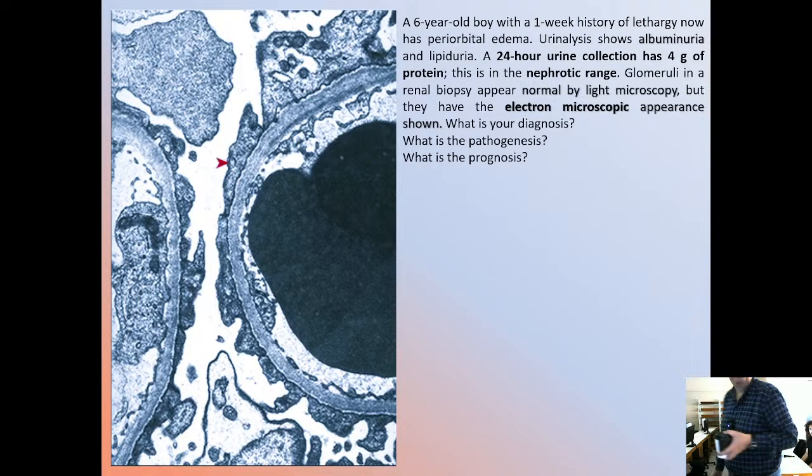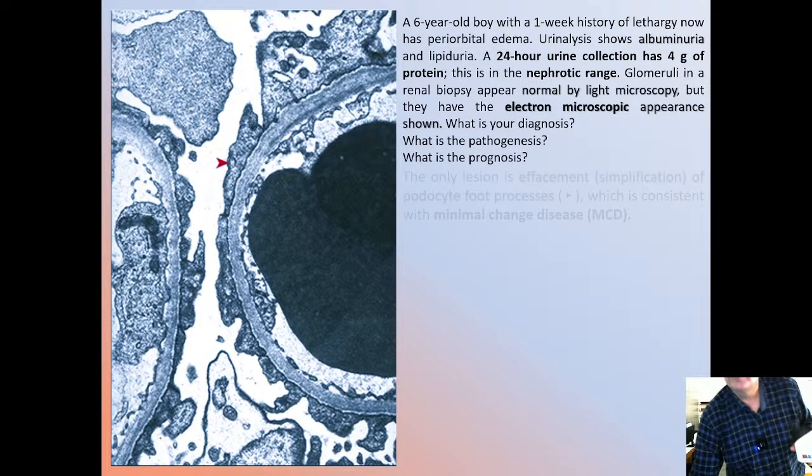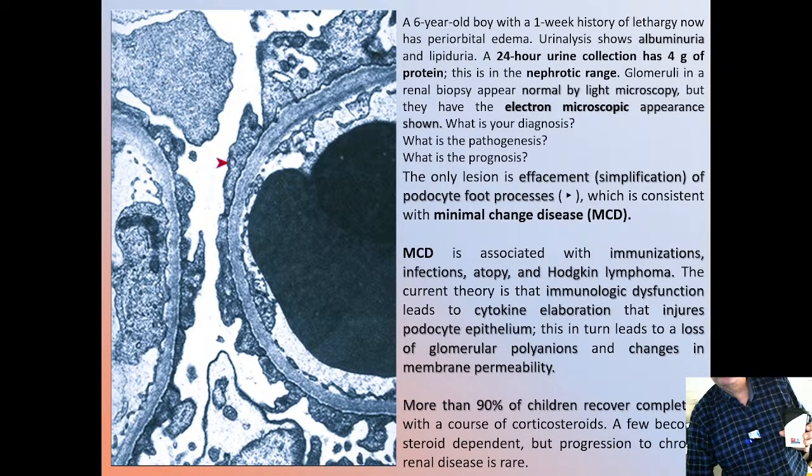I'm not sure. Ah, there are some. There are a few. You see these? You do not see all those foot processes that we saw in the previous images. They are affected. So they've completely vanished or there are some remnants. So this is minimal change disease in children.